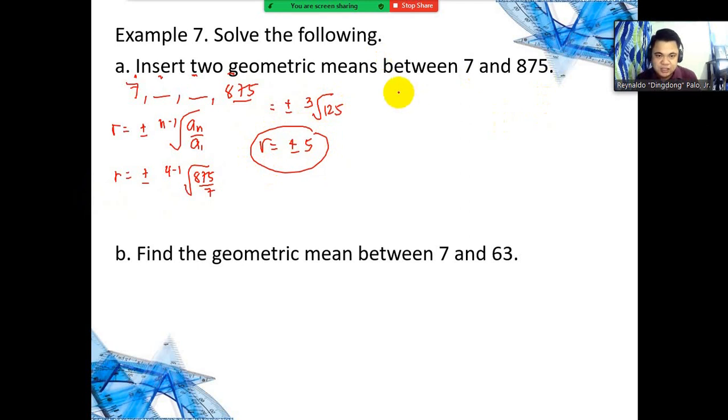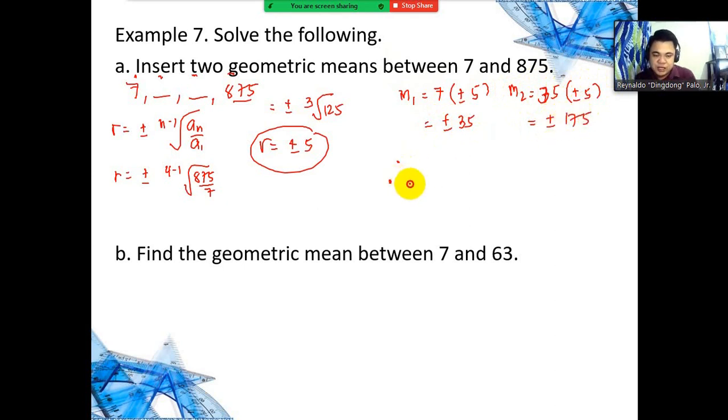Okay, so mean sub 1. To solve for mean sub 1, multiply the first term times the common ratio of 5. So 7 times 5 is positive, negative 35. And then for the mean sub 2, it's now 35, which is the second term, times the common ratio, positive, negative 5. The answer is positive, negative 175.